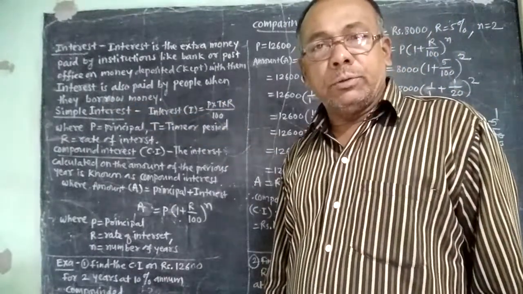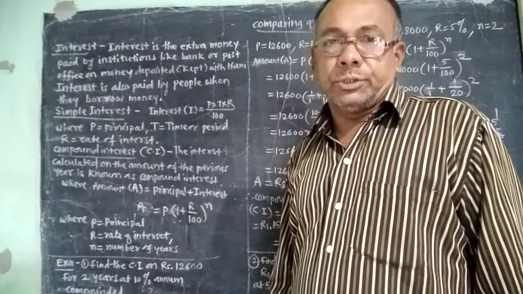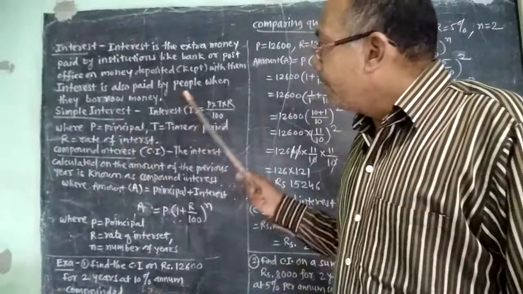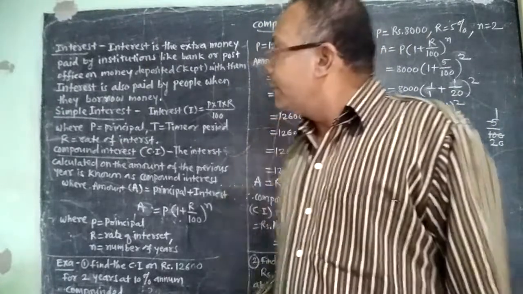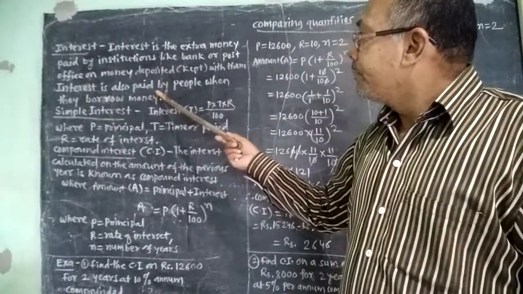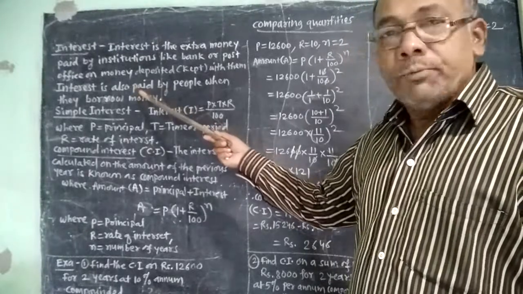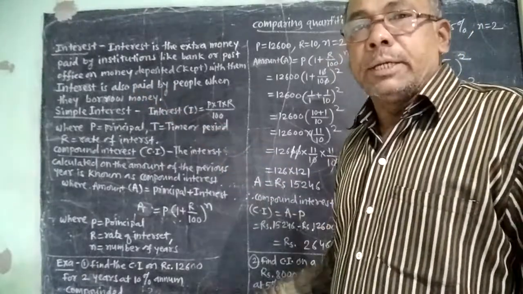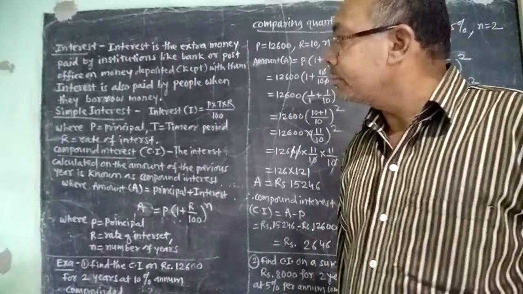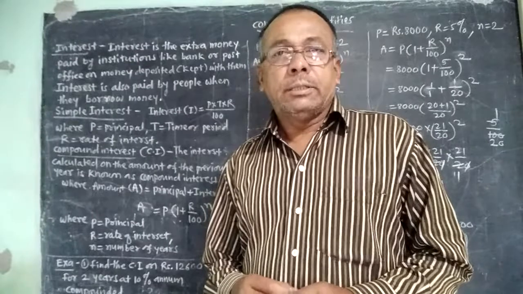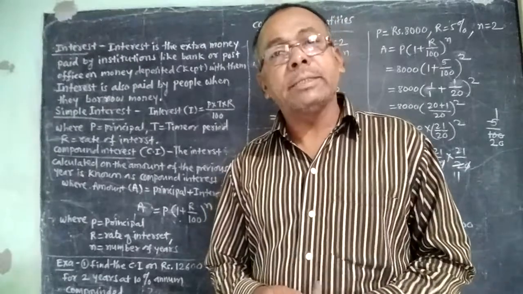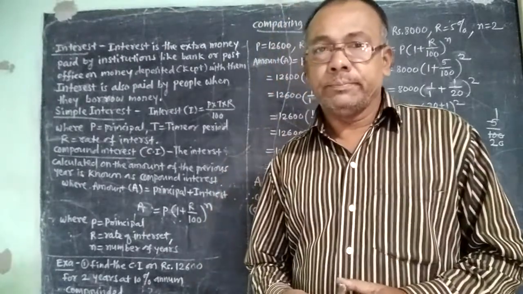Means if we borrow some loans from the bank as well as post office, then we pay interest on that amount. There are two types of interest, that is, first is simple interest and second is compound interest.